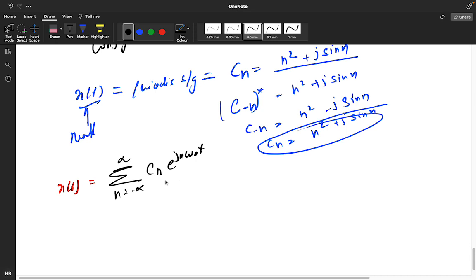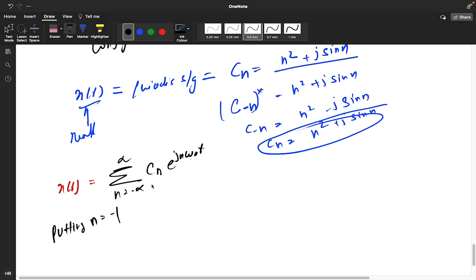You want to find the Fourier series of this. So if I am putting n equal to minus 1, at n equal to minus 1, what value will we get?